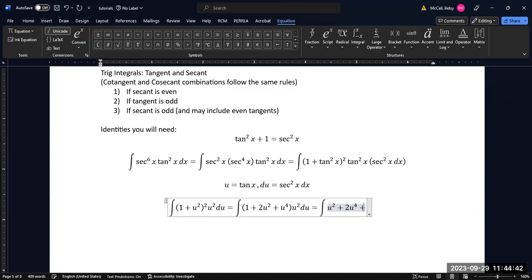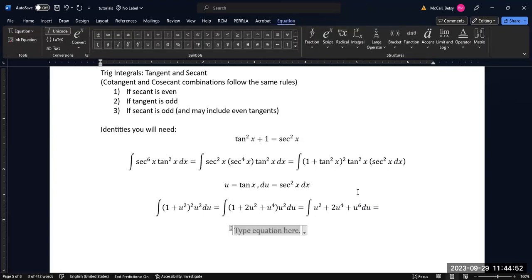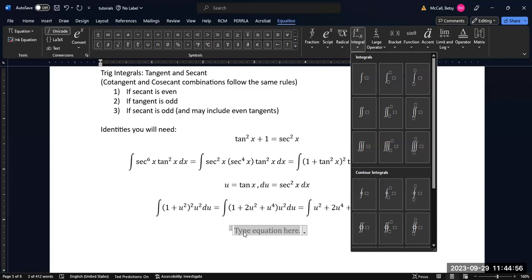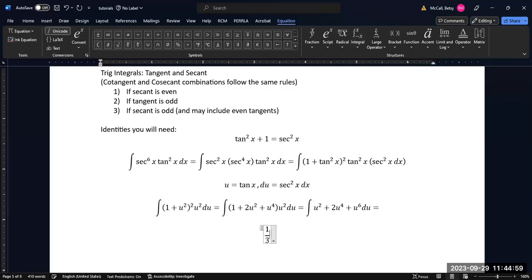And now I can do my power rule. And doing my anti-differentiation, I get 1/3 u cubed. And then dividing by 5, I get 2/5 u to the fifth.